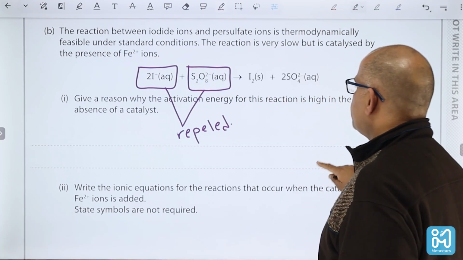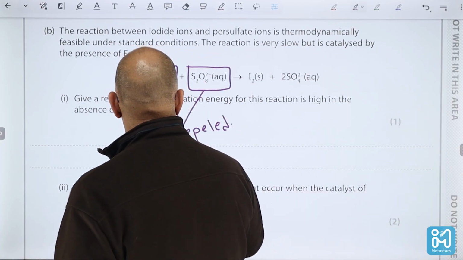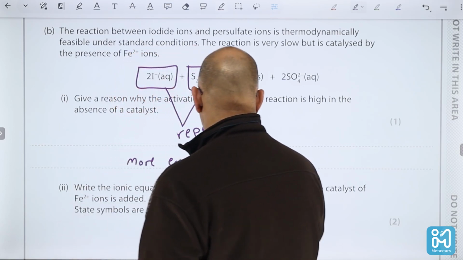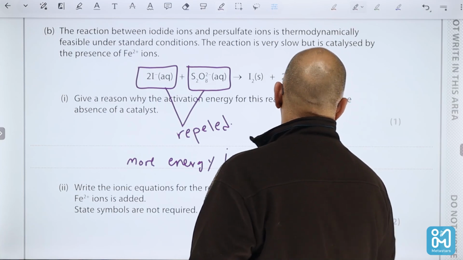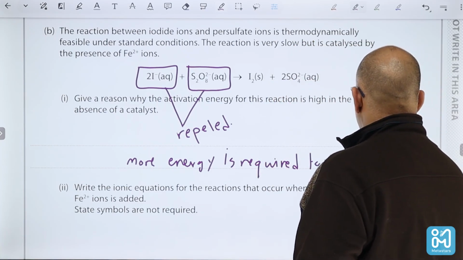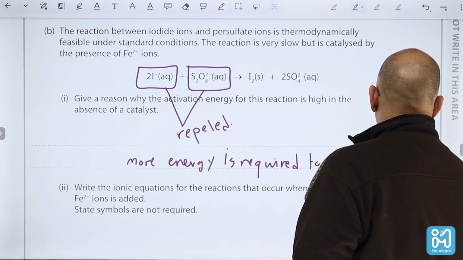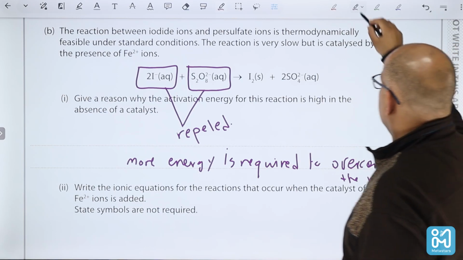Now to write, so more energy is required to overcome the repulsion between two same charges.